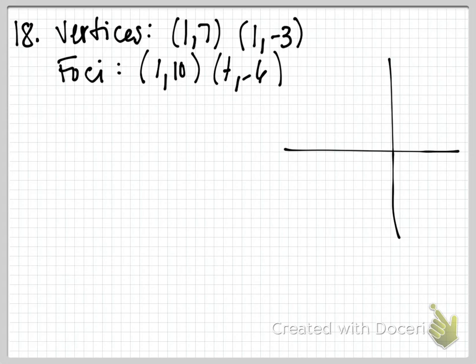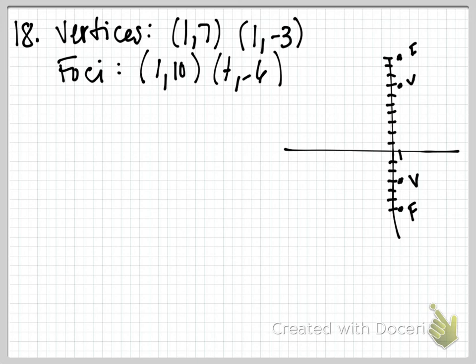Okay, for number 18, we're given that the vertices are at the points 1, 7, and 1, negative 3, and that the focus points are at 1, 10, and 1, negative 6. So that tells me several things.